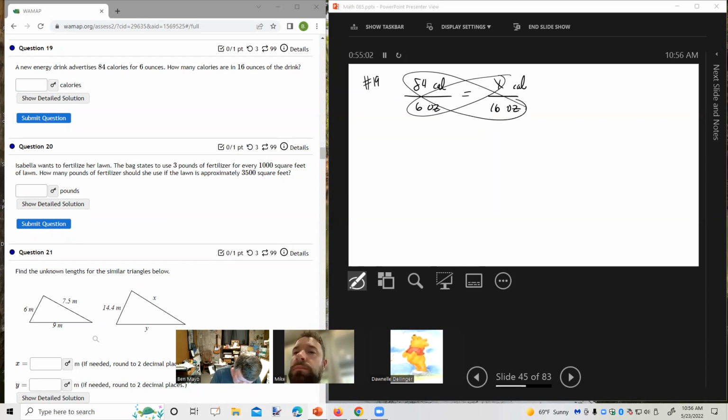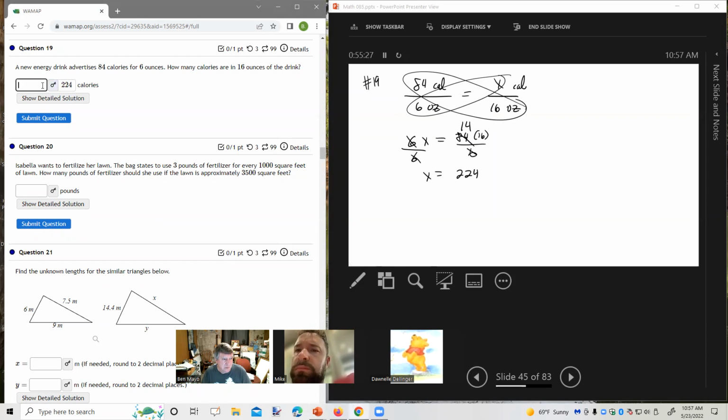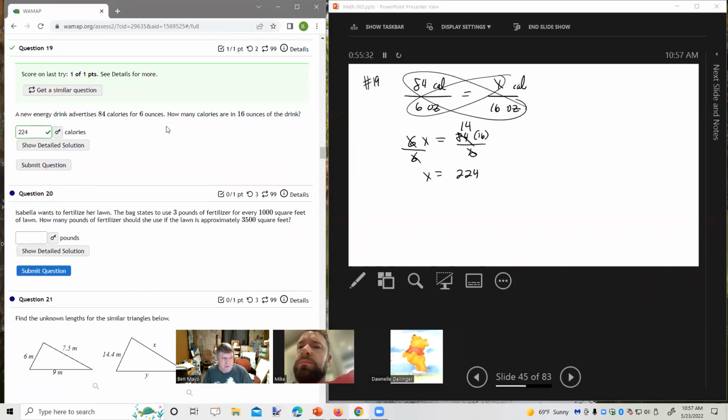Set the cross products equal. 6 times x equals 84 times 16. Divide both sides by 6. I think 84 divided by 6 is 14 times 16 is 224. So how many calories? 224. So we're setting up a proportion there.